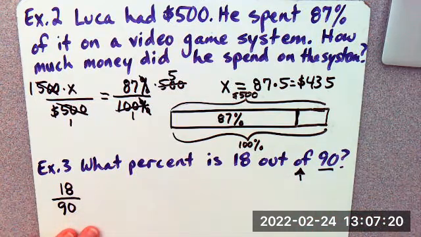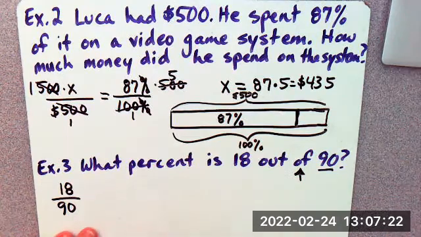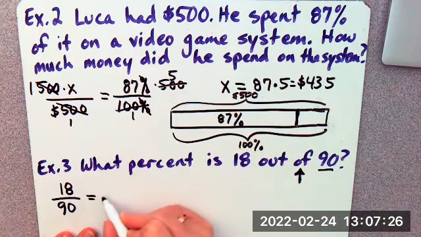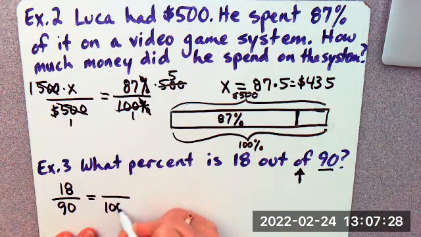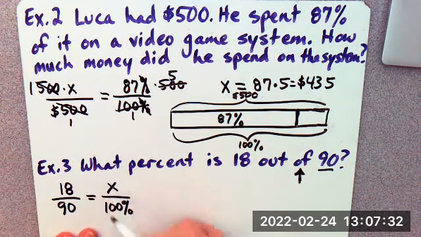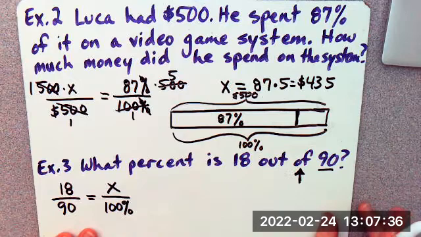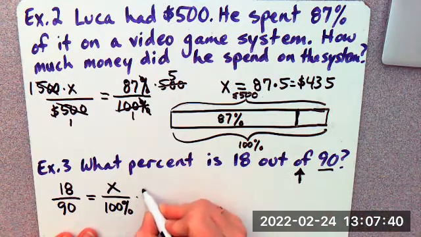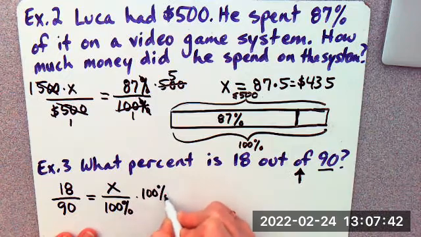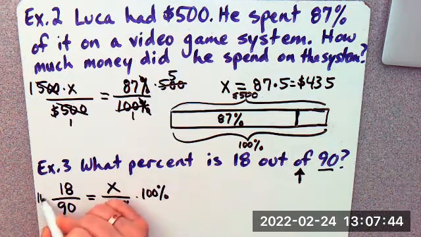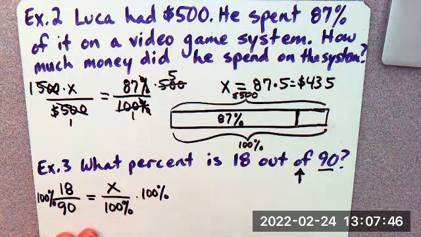So keywords are going to tell you which is the starting value or the original value. So we're comparing 90 to 100%. And look, the X has changed positions. Now we're trying to find the percent. All right. So we're going to multiply 100% on this side, multiply 100% on this side to find that percent.